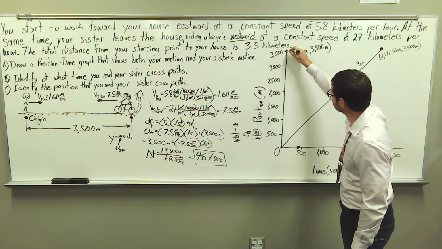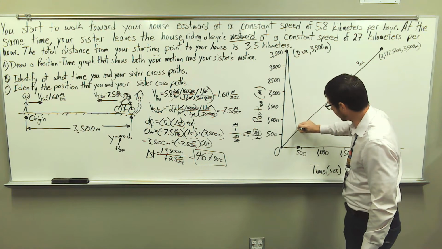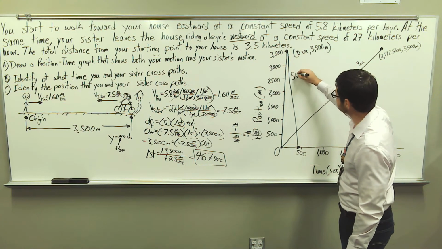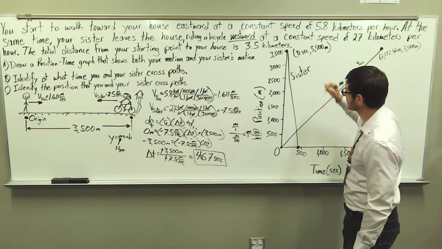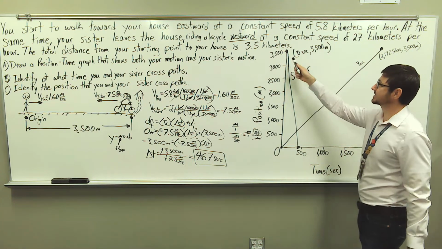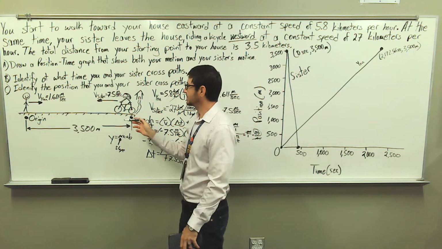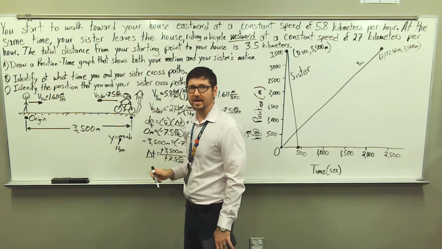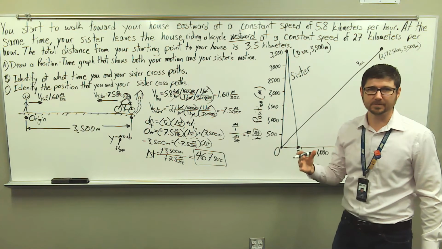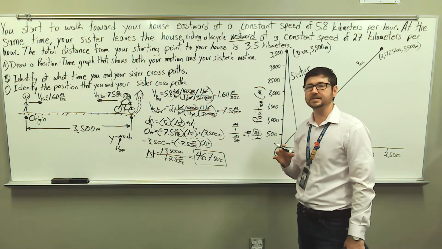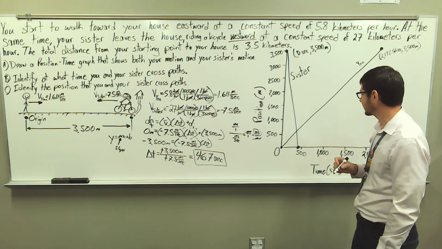And we're going to connect these 2 points. And this is your sister. Okay? And she has a negative slope here. The line has a negative slope because she's heading in a negative x direction. Remember, the slope of the line on a position time graph represents the velocity of the object.